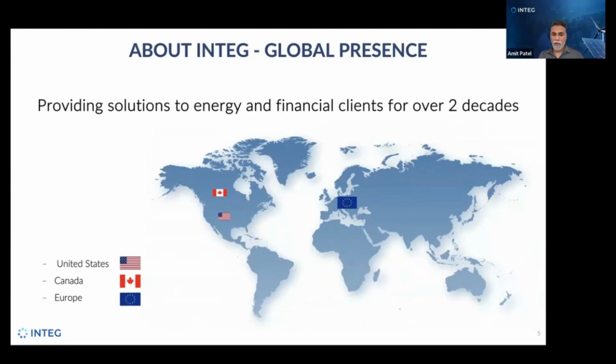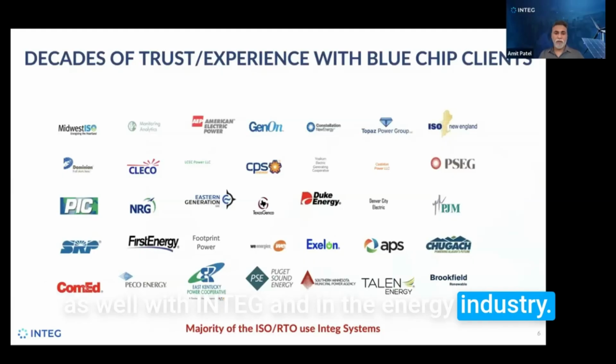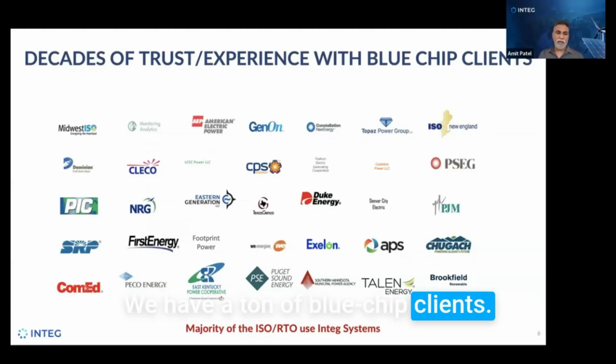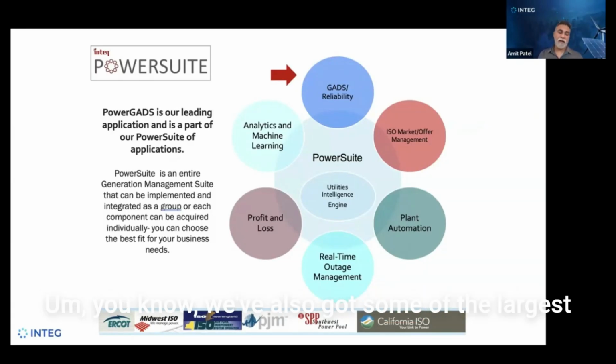So I've been working for over two decades with Integ in the energy industry. We have a ton of blue chip clients. Every ISO RTO that has GADS uses Integ's GADS system.